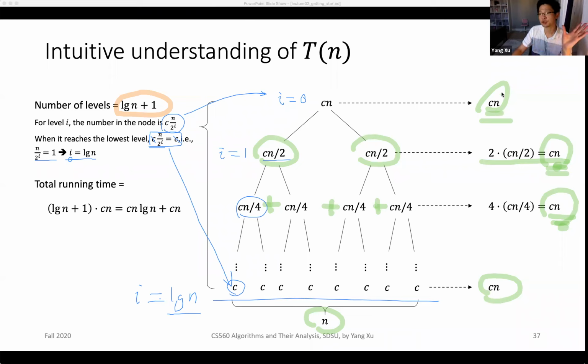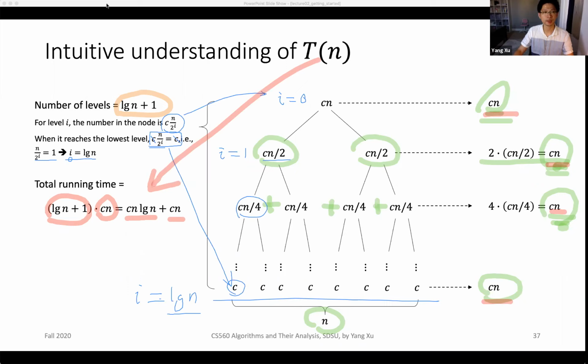It doesn't matter which level you are, the summation is C times n, always C times n. And we know that there are that many levels, and each level has that summation. So the total running time is Cn times logarithm of n plus Cn. So bingo, we've got the solution of T of n.